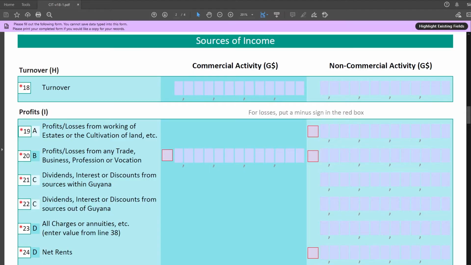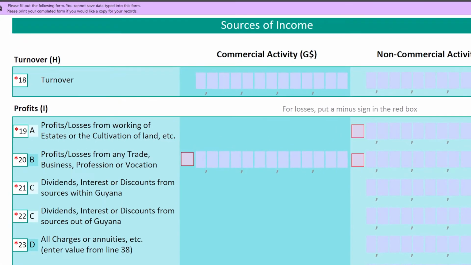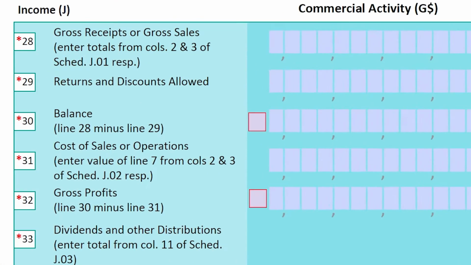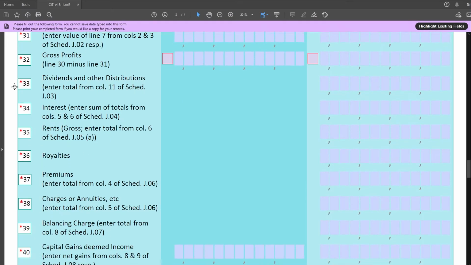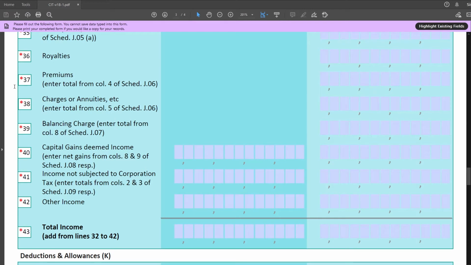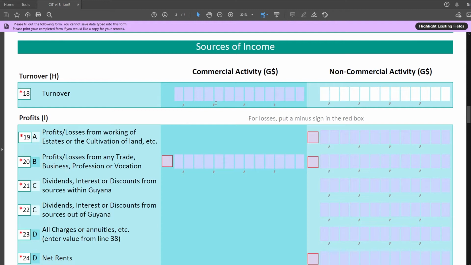So to start, the preparer must enter the turnover amount. That is the total of all gross receipts, line 29, plus income earned on lines 34 to 43 during the accounting period, including all cash and credit sales, commissions and fees receivable without any deductions for taxes or duties or expenses. This business has a turnover of $17,521,050.